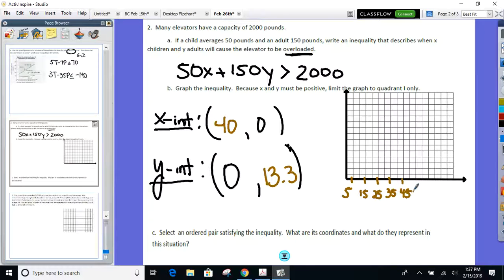Can I steal somebody's idea for the y-axis? I don't want to go by fives. Ones are fine, I guess.